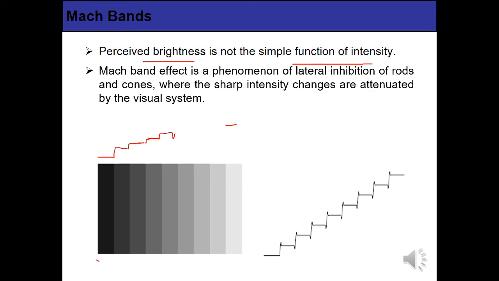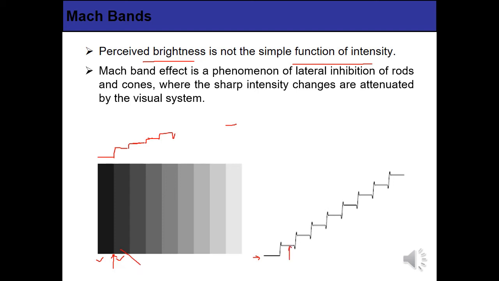Let us take these two patterns, these two stripes: more dark, less dark. If you observe this particular edge, there is a black, darker portion whose intensity level is represented by a lower level, while the intensity level of the other is represented by this level.